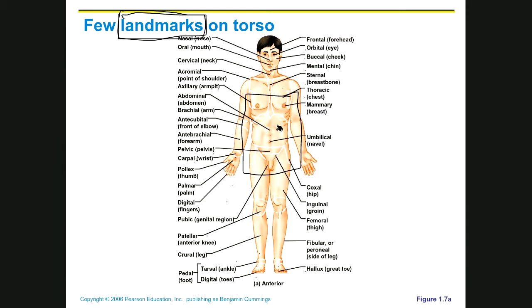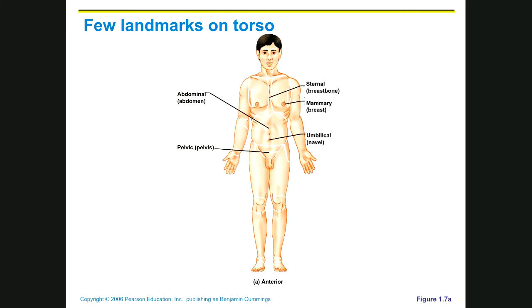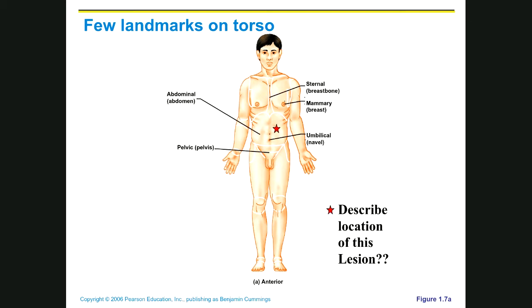So we need some other way of doing it. We only have these few landmarks in this area. So try to describe the location of this lesion. Talk to yourself. Try to figure out how you would tell somebody else who is not looking, not with you, on the phone or across the room.